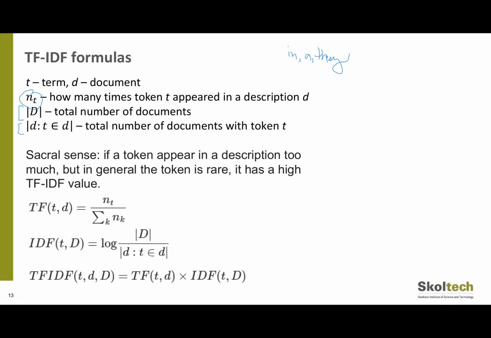But if you have some token that is quite common in the document, but is not very common overall, then we have this term frequency term here. Also, we have inverse document frequency, where we take the total number of documents and the number of documents that have this token, and we take a logarithm.